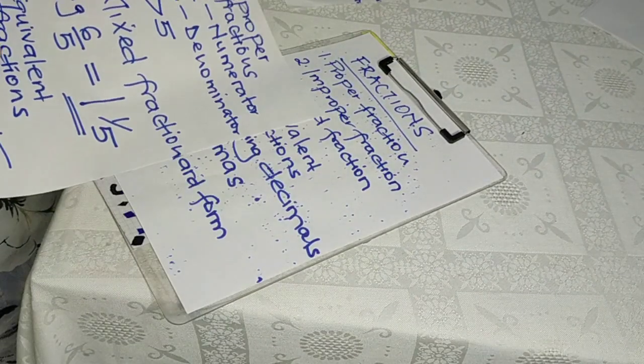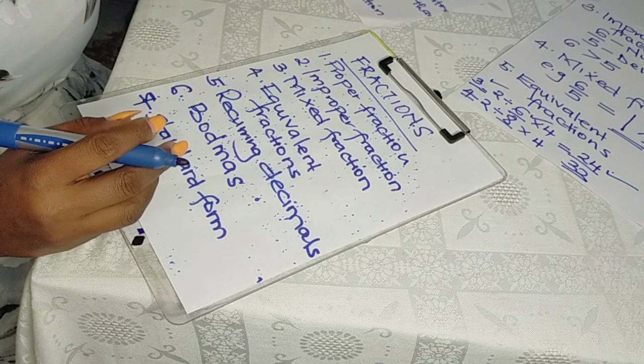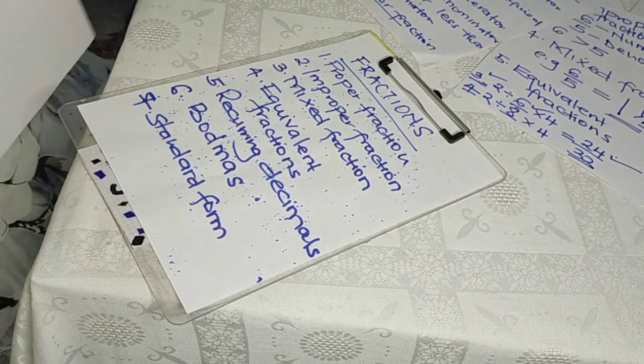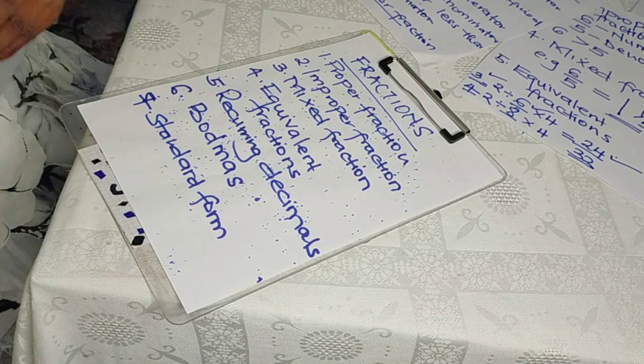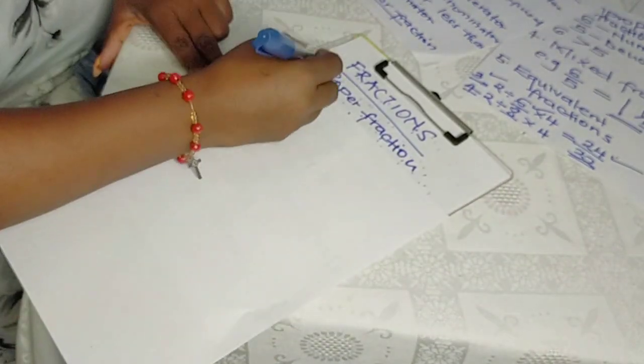Now, we move on to how we compare fractions. For fractions with the same denominator, it's very easy to tell which one is bigger than the other. So this is still under equivalence.